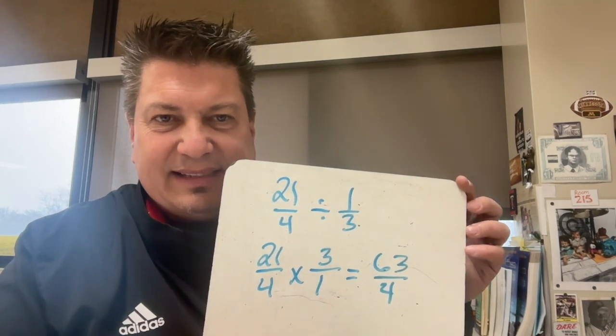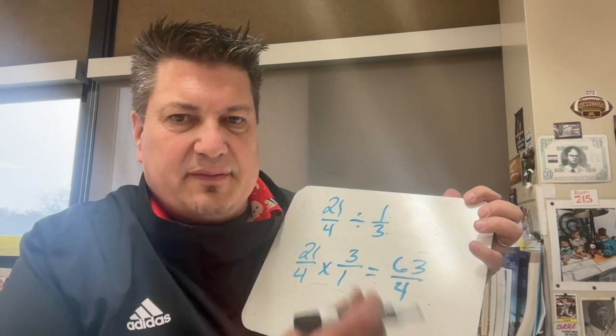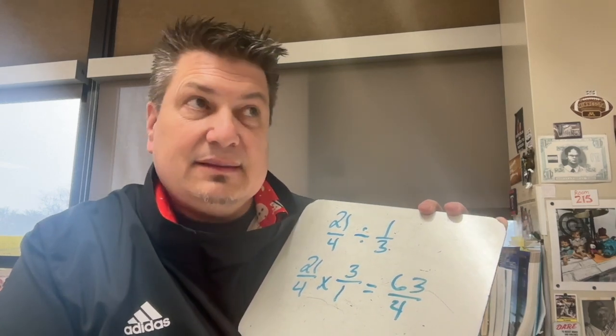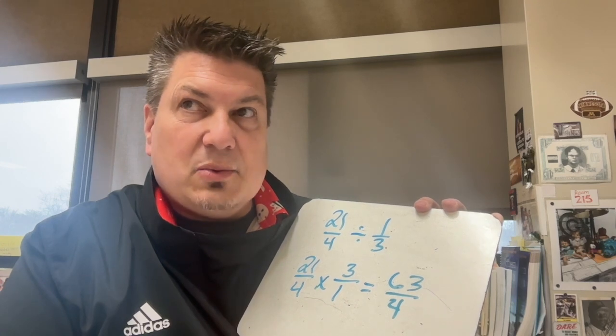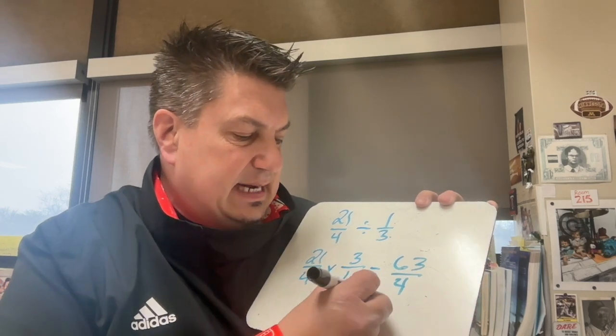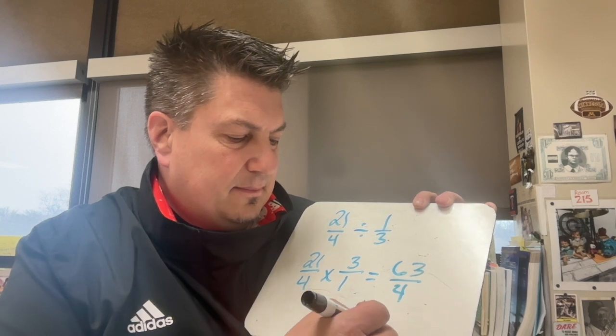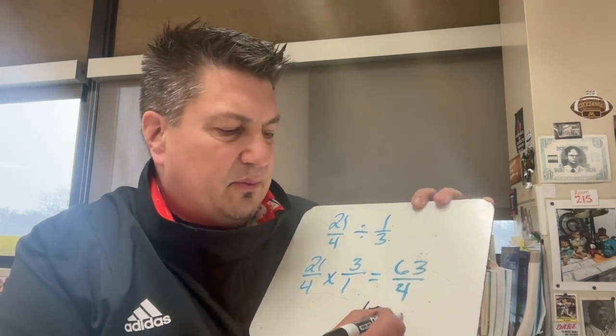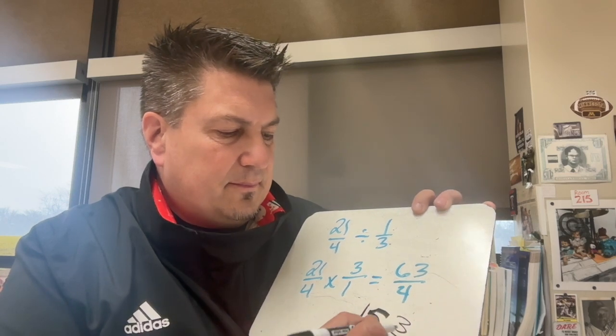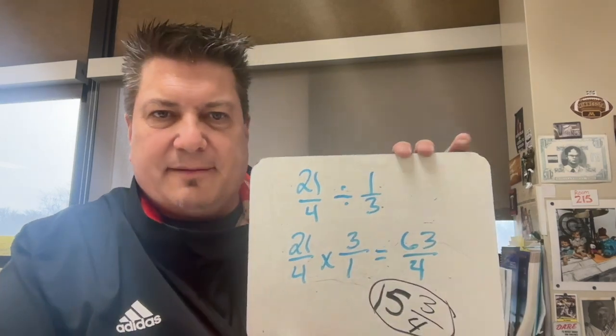I reduce or I simplify. How many 4s fit into 63? Well, I know 4 times 10 is 40. And half of 40 is 20. So I can get 15 4s, which gets me up to 60, with 3 left over, 15 and 3/4 as my answer.